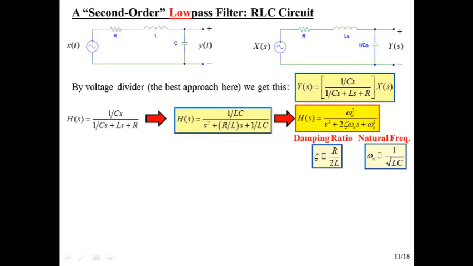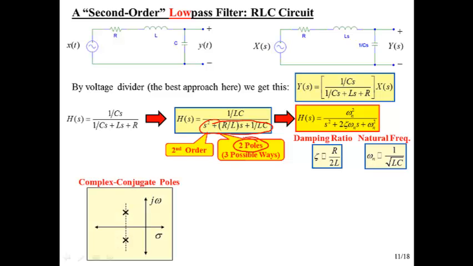So we'll explore what these damping ratios and natural frequencies tell us about the behavior of this circuit as we go through this. Now, coming back to here, we see that we've got a second order denominator. So that means we've got two poles, and there's three possible ways that we could have two poles. So the first way is they could show up as complex conjugate poles.